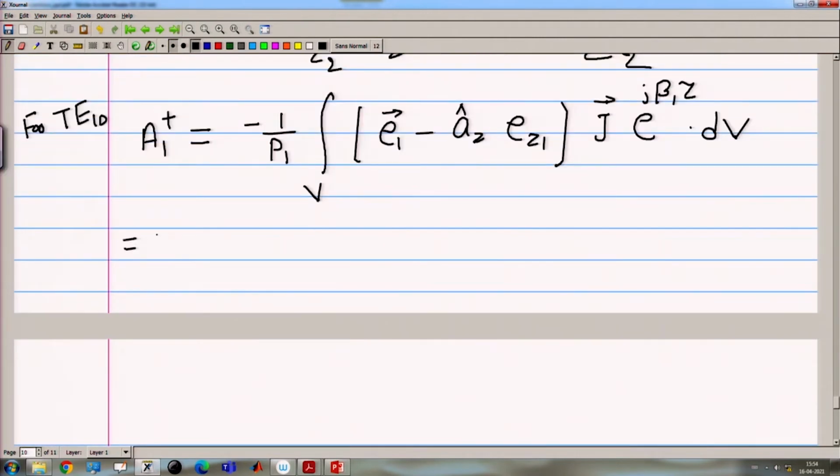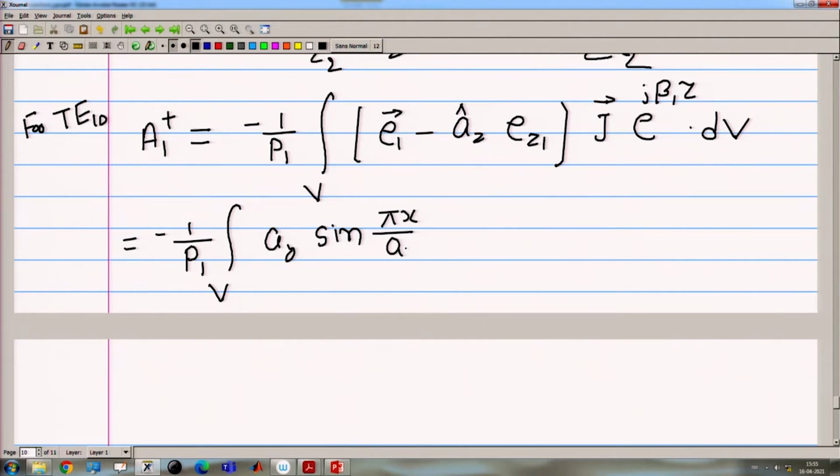So, this will come minus of 1 by P1 volumetric integral. So, E1 will be A by sin of pi x by A, sin of pi x by A, and this second term Ez1 will be 0. So, not writing that. And j term is I z del of x minus a by 4 minus del of x minus 3 a by 4 into a by.